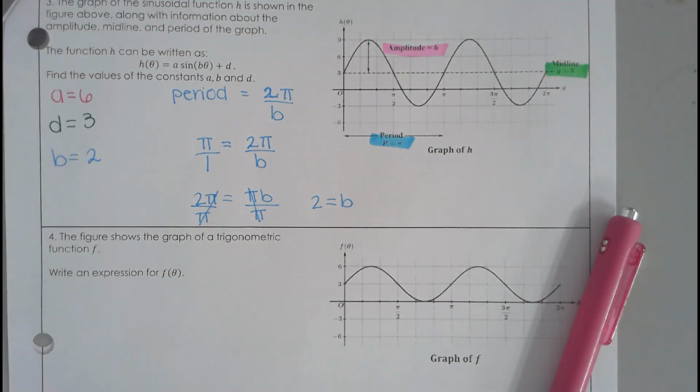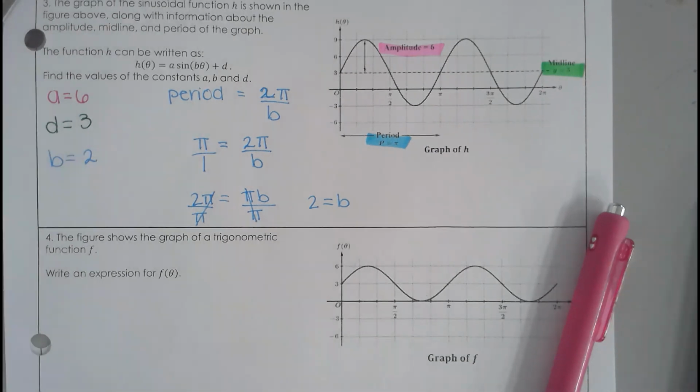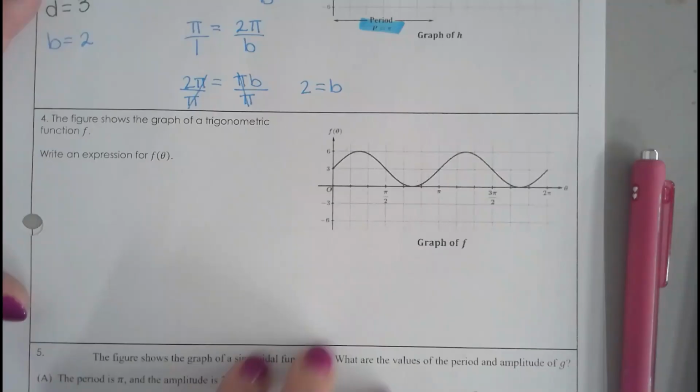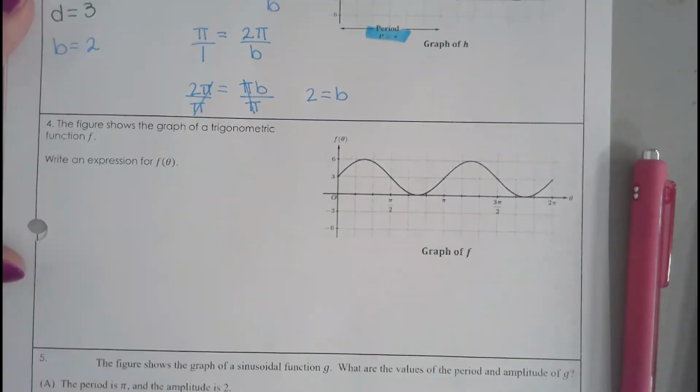B is probably going to be 2, because that's probably going to come up a lot. Amplitude, all that is.